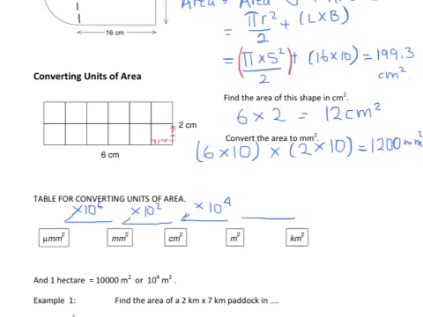So converting kilometres squared to metres squared is not multiplied by 1,000 but multiplied by 1,000,000. And of course divide by the same quantity along the bottom line. And the last one, that's supposed to be a divide sign.